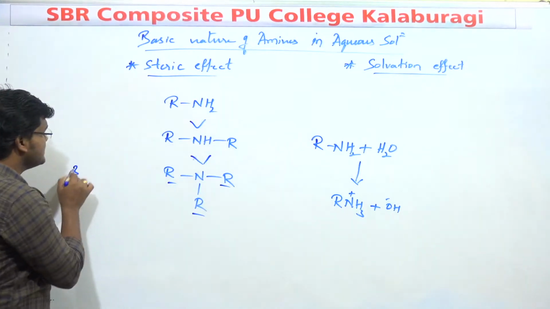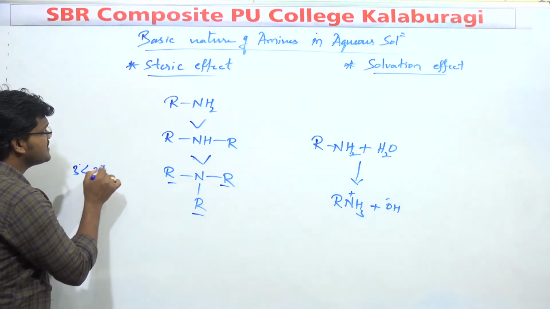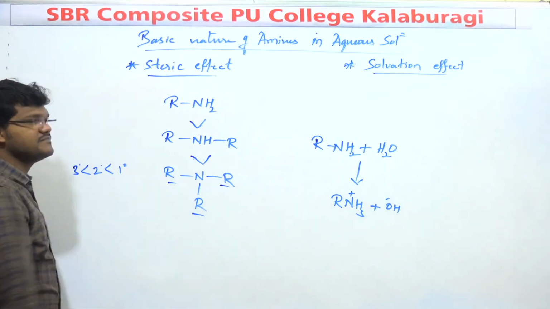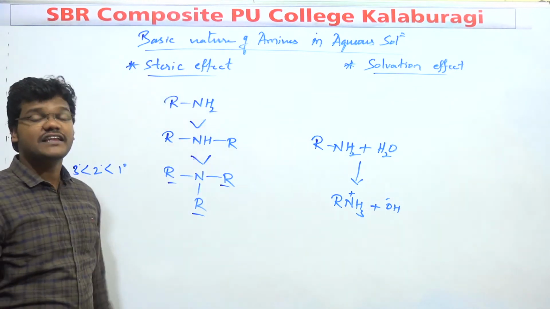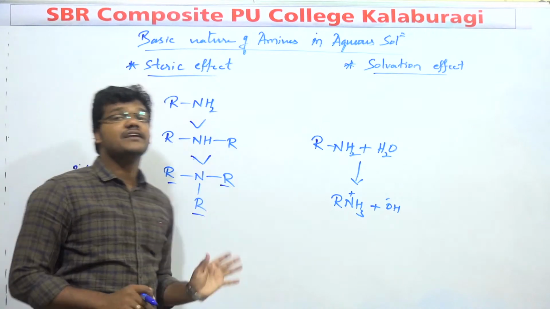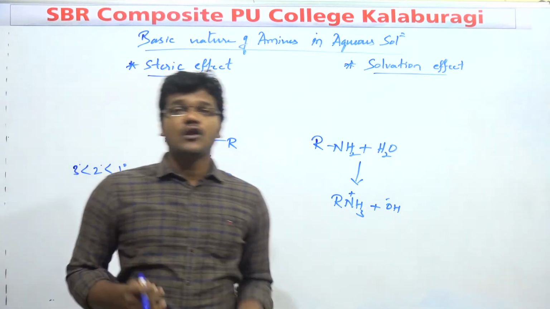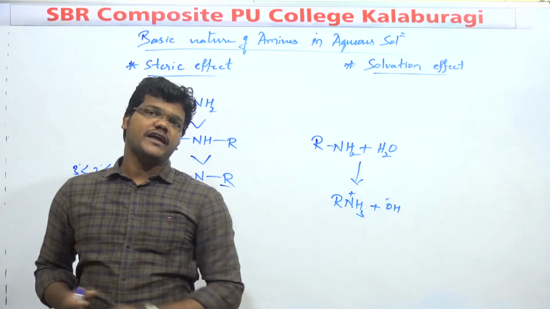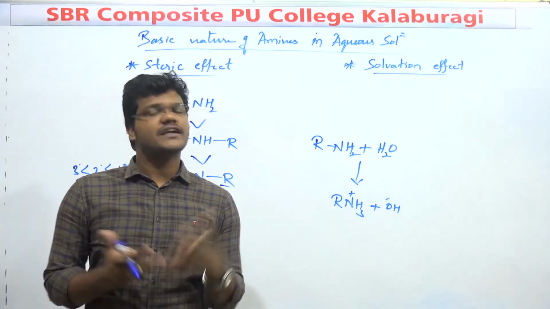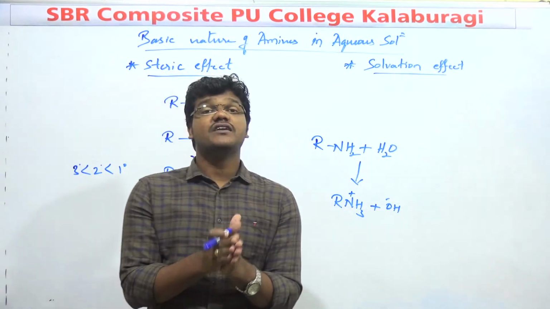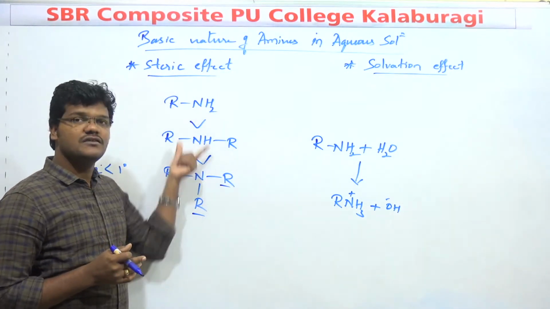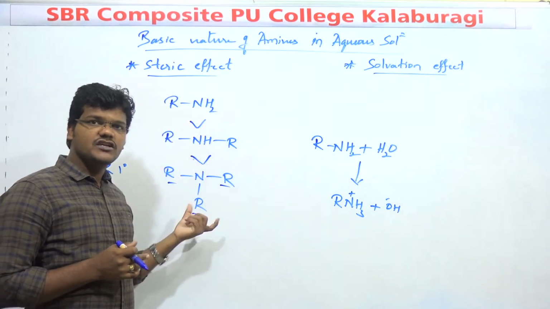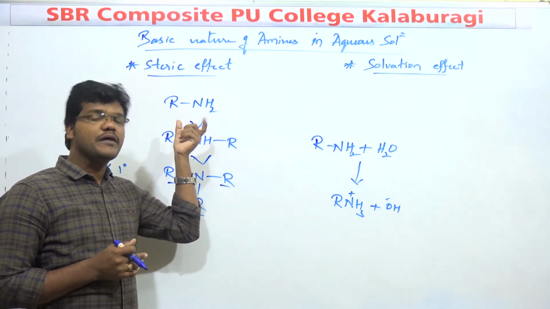Means the order is tertiary least, then secondary, then primary. Steric effect is nothing but the presence of a bulkier group not allowing an incoming molecule to come and attack. Steric effect is observed more in tertiary, followed by secondary, and then primary.